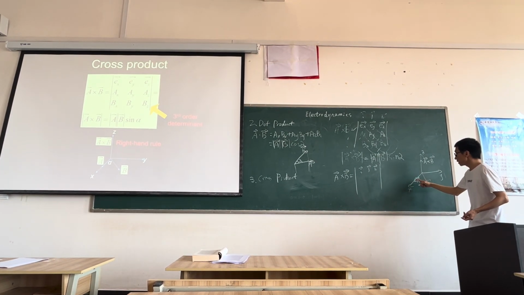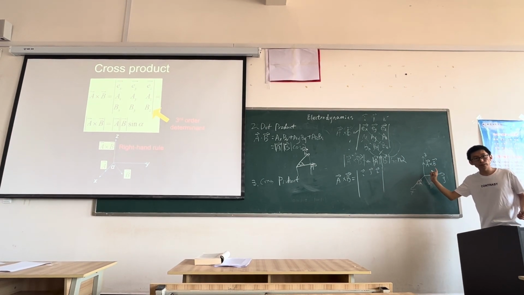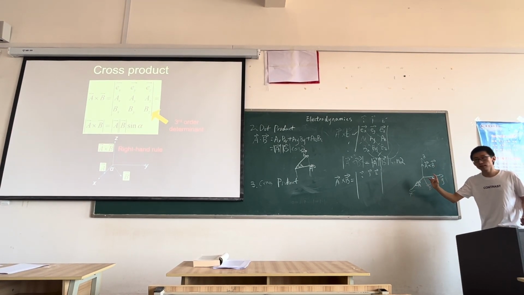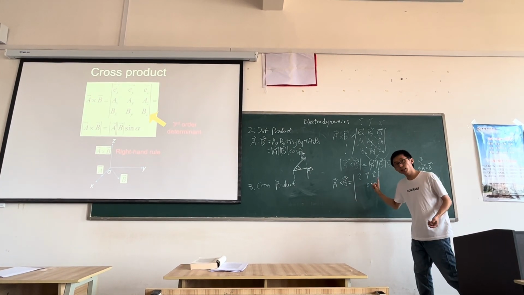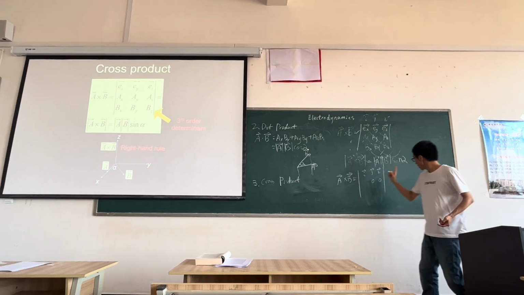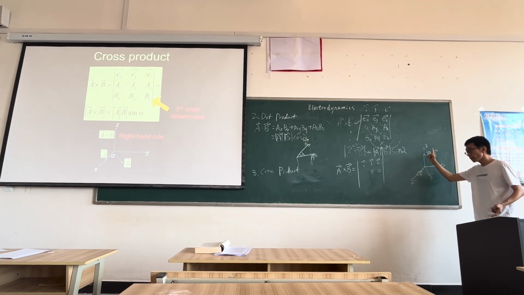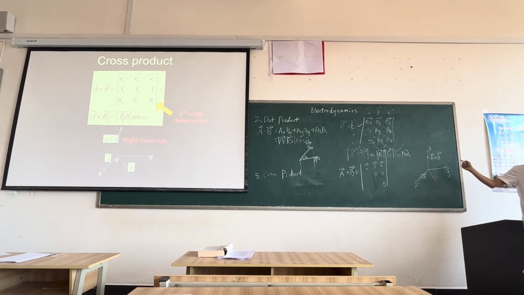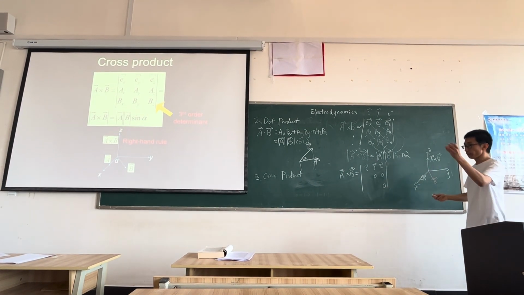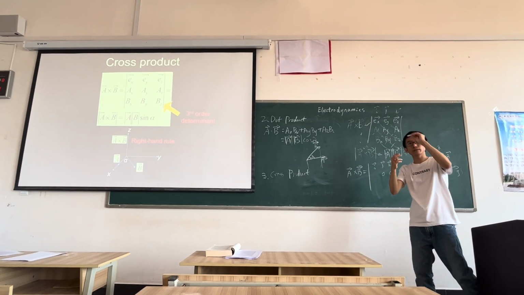Now we have A here, but A does not have a y or z component, because A falls on the x-axis. Similarly, B does not have a z component, because B falls in the xy plane. Two vectors always form a plane.